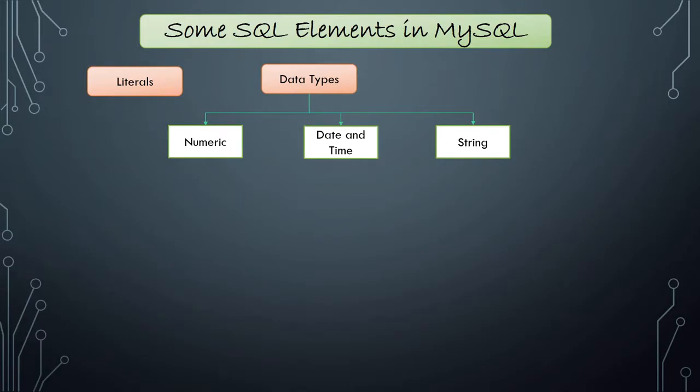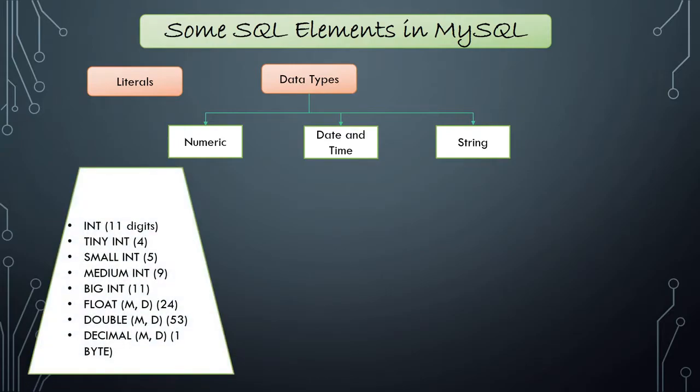Now the first one, numeric data type. In literals we also have numeric, and in data types we also have numeric data type. But the difference is that literals are constants, their values cannot be changed, whereas in numeric data type, we can change their value. We insert the values according to our needs.